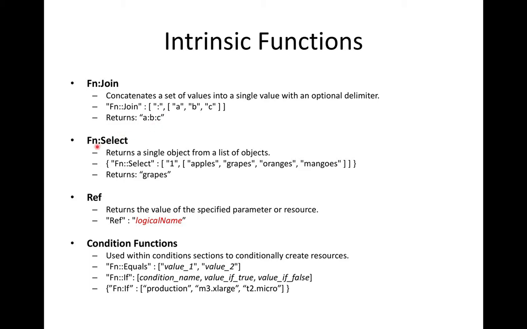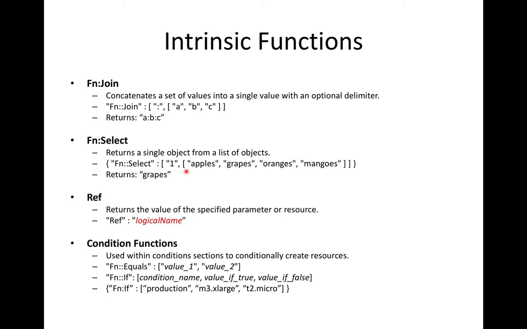The Select function will return a single object from a list of objects. You can think of this as if you're working with a positional array and you want to return the value of a specific element of an array.